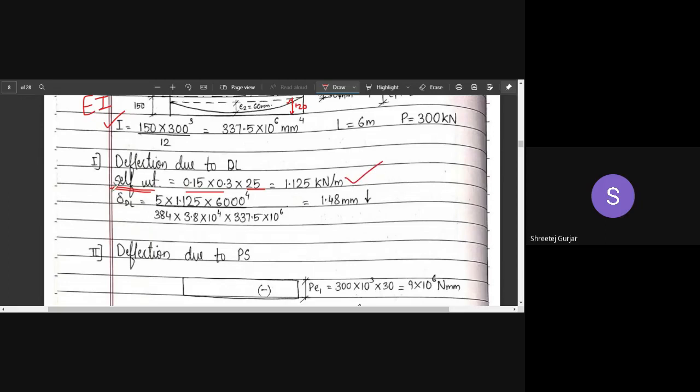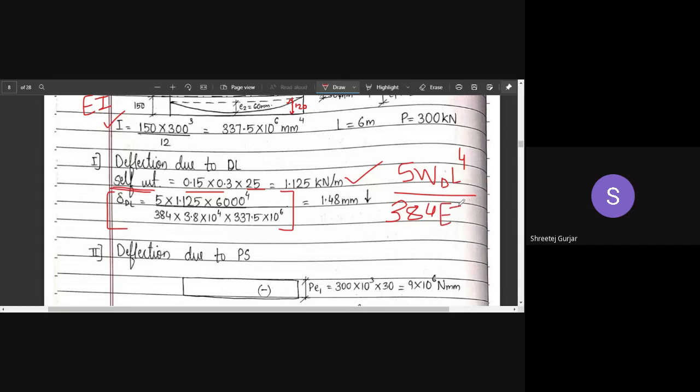Then what is the formula for dead load? Can anyone tell me what formula is used here? Sir, 5 into WD into L raised to 4 by 384 EI.